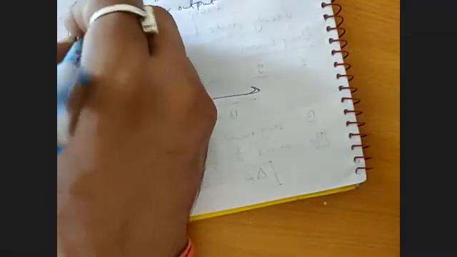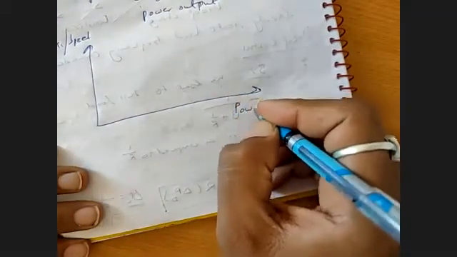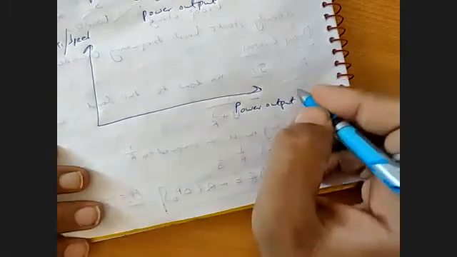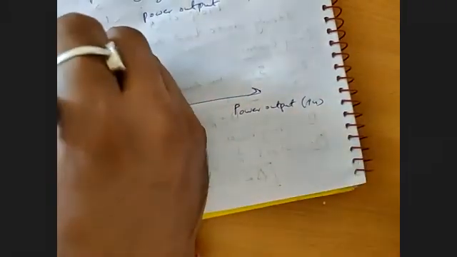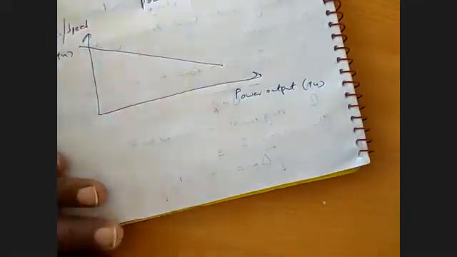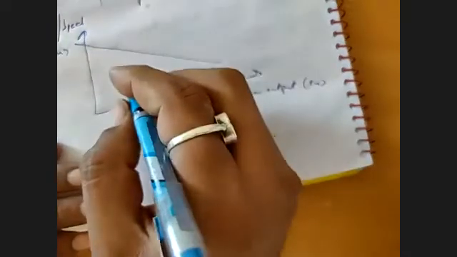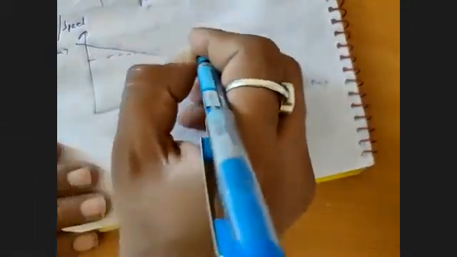This is your frequency, or you can say directly or indirectly it is speed. This is your power output, and generally these are in per unit. This will be your characteristic. This is your 1 per unit, that means full load.